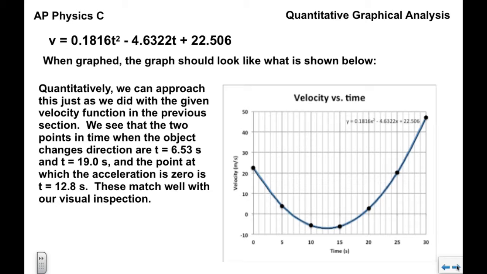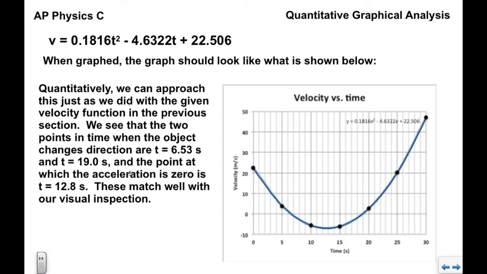Now, quantitatively, we can approach this just as we did with the given velocity function in the previous section. We can see that the 2 points in time when the object changes direction are 6.53 seconds and 19 seconds. Again, we would take this velocity function and solve for the zeros.